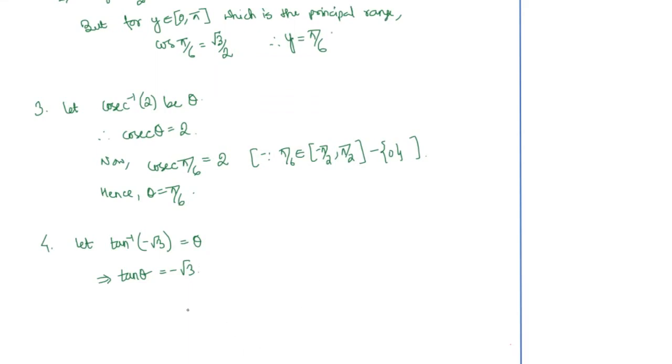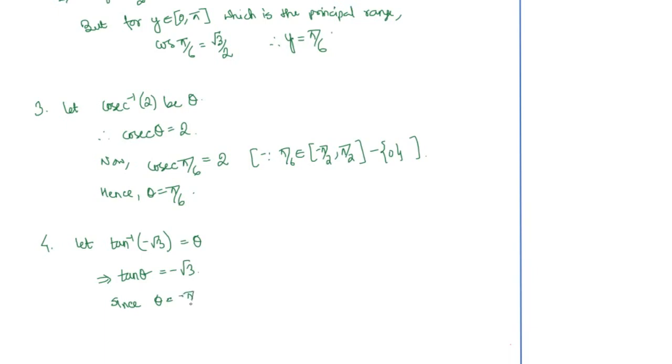So we can say, since tan pi by 3 is equal to root 3, tan of minus pi by 3 is going to be minus root 3, right?